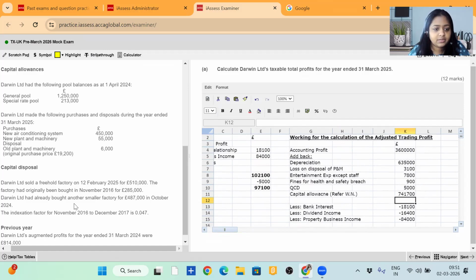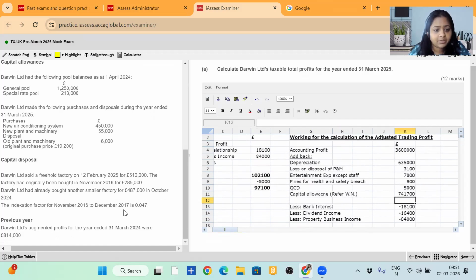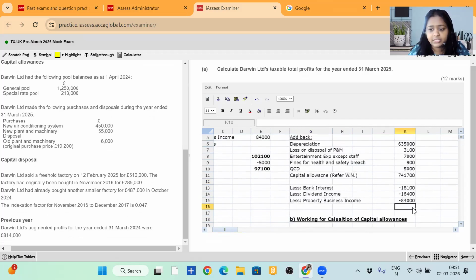Now you've got everything because I think the next calculation is for capital disposal and the next last one is Darwin Limited's AP for the previous year was 814,000. Okay. And let's get the total here. You will get your adjusted profits.